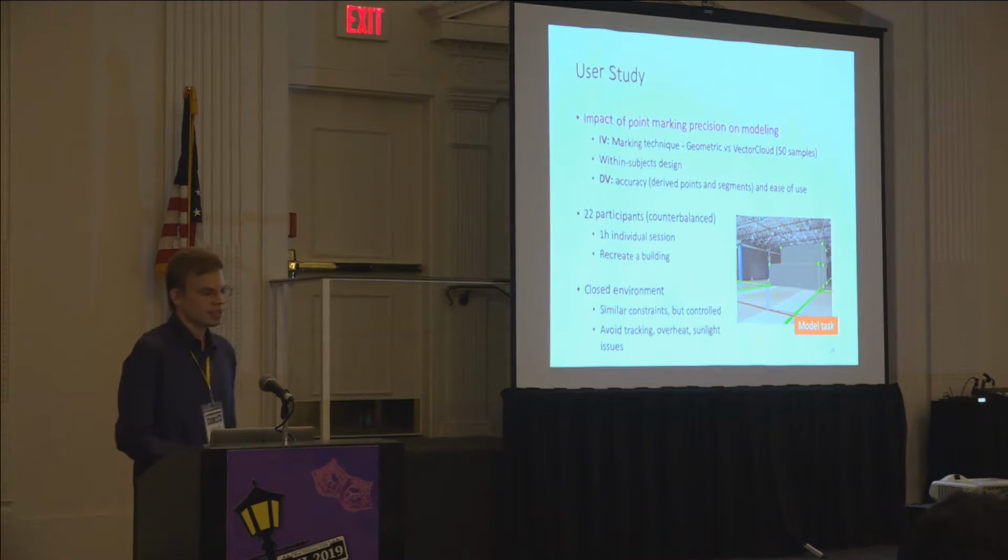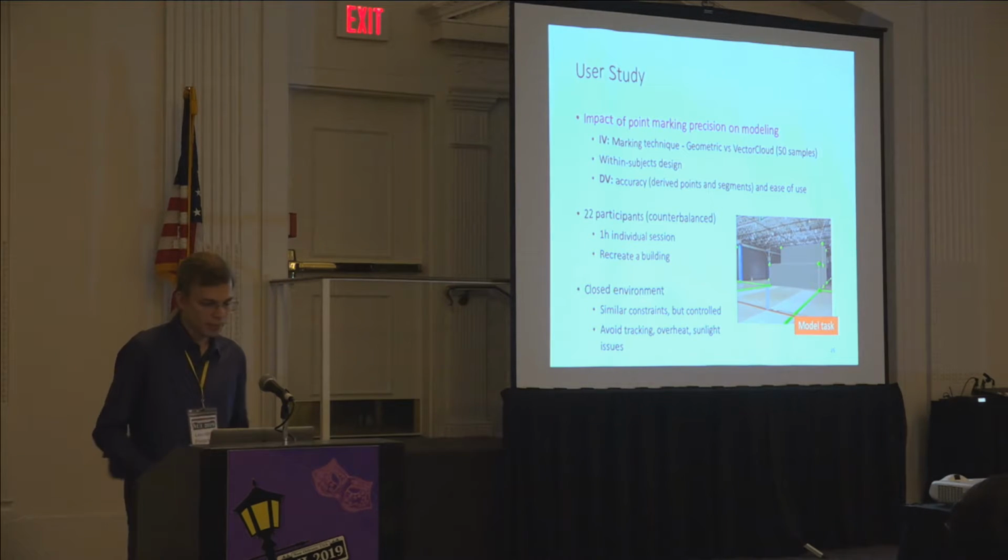Okay, so this leads us to our user study, where we evaluated the impact of the point marking precision on modeling. So our independent variable here is the marking technique, so we are going to compare geometric and vector cloud. In this case, we restrained vector cloud to 50 samples, just so we had a more constrained study.